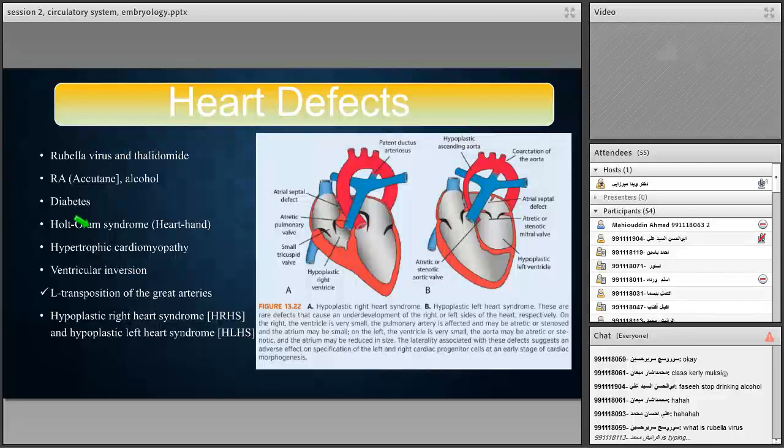Some of the important genes in the formation of the heart are, for example, NKX 2.5. Because maybe the rubella virus will pass through the blood and affect the embryo.